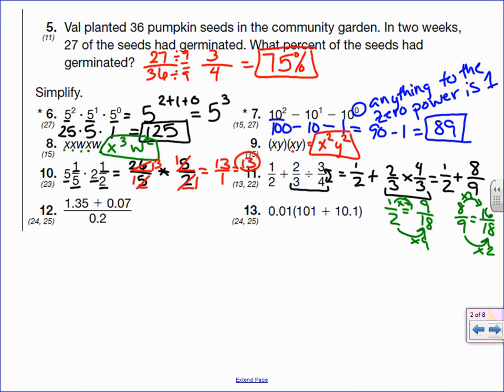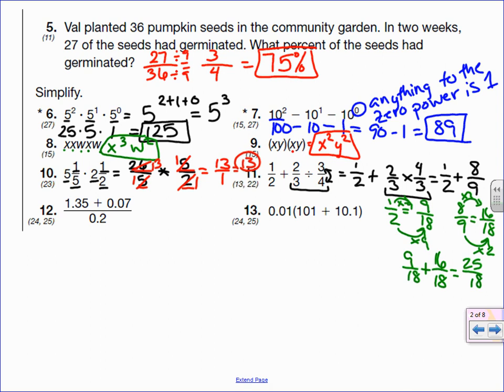So now my problem becomes 1/2 is written instead as 9 over 18, and then plus 16 over 18 in place of 8/9. So 9 plus 16 is 25 over 18.